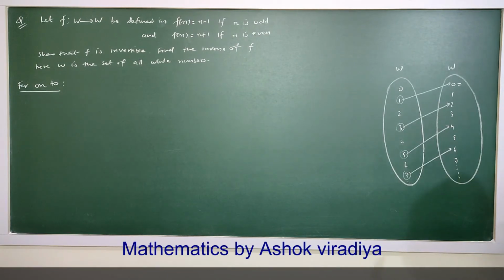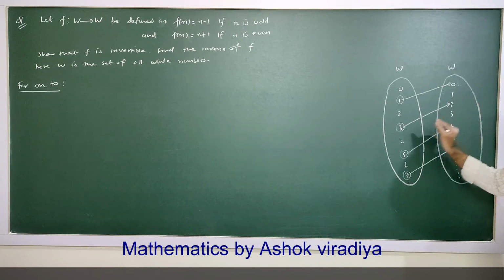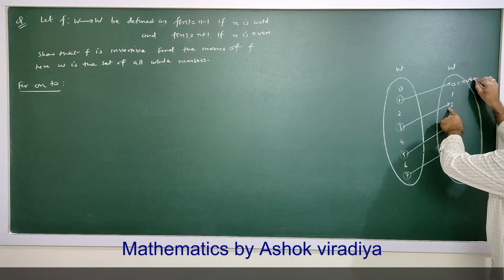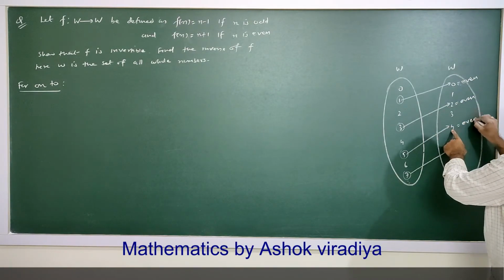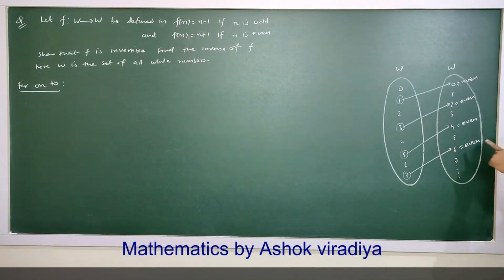Now think in the reverse process. Pre-image. See, the pre-image of an even is odd. If you observe any even, then its pre-image is odd.